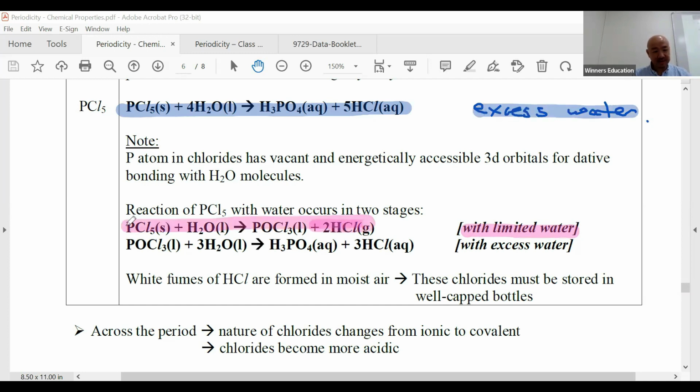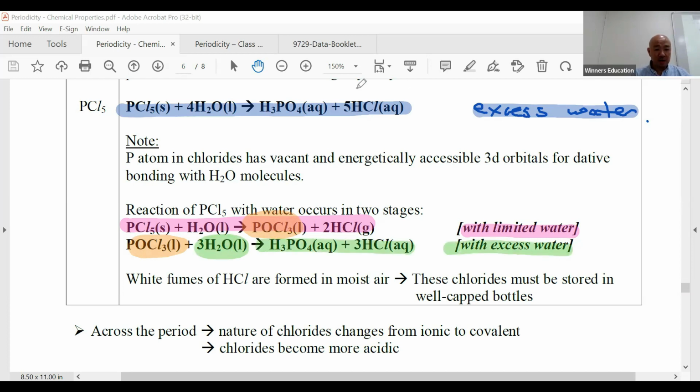The blue color equation comes in because of a two-step reaction. PCl3, as you can see here, when you react with more water, you then form this side. Again, if there's excess water, then you carry on to the second step.